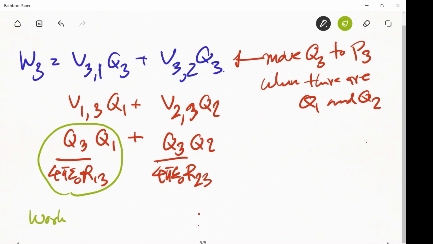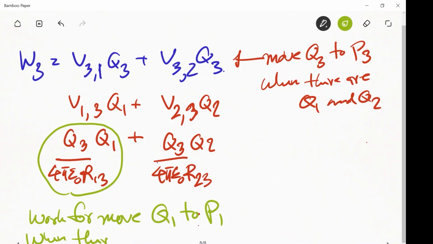This is the work for moving Q1 to P1 when there is Q3.